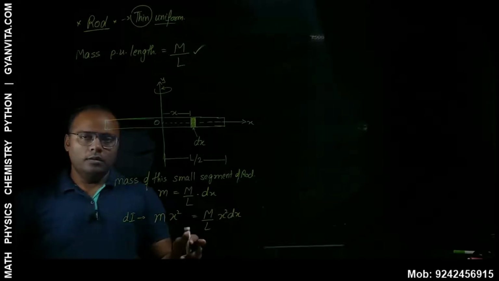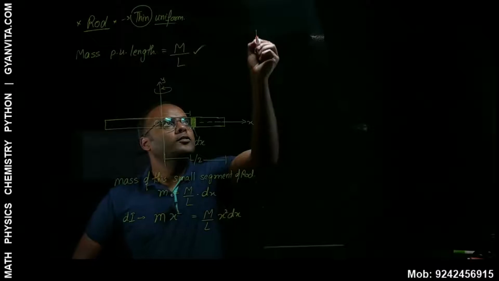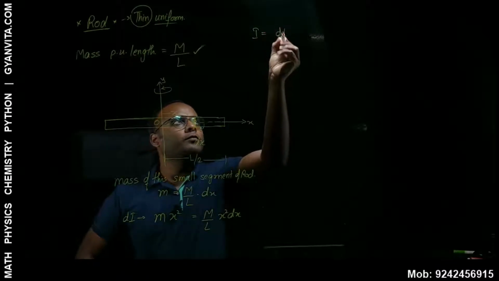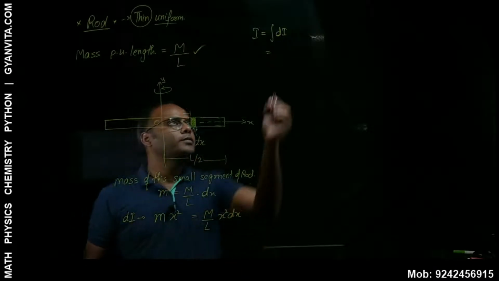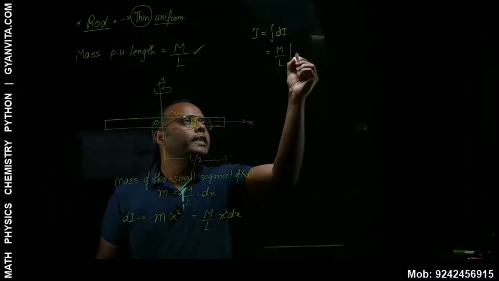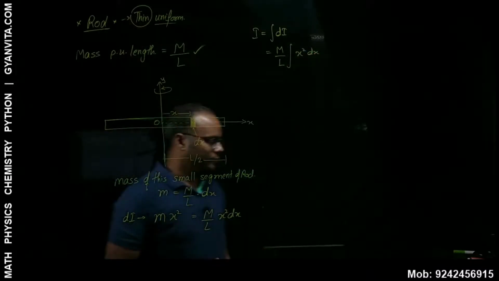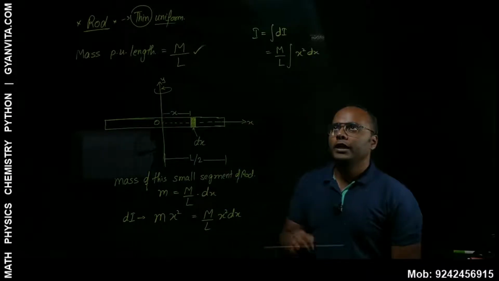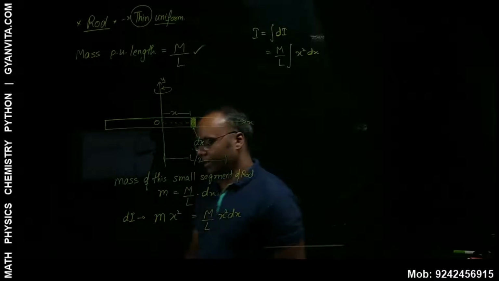Now we have to find the total moment of inertia, which is the integration of dI. Here m by L is constant, so I'll take it outside. It will be the integration of x square dx. Now we have to apply the limits of x. It varies, but from where to where?